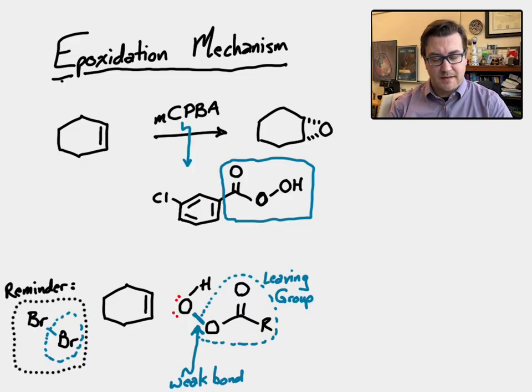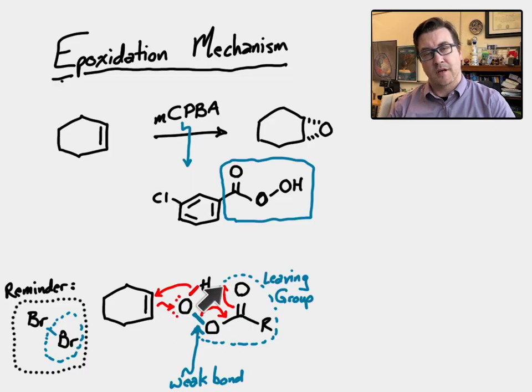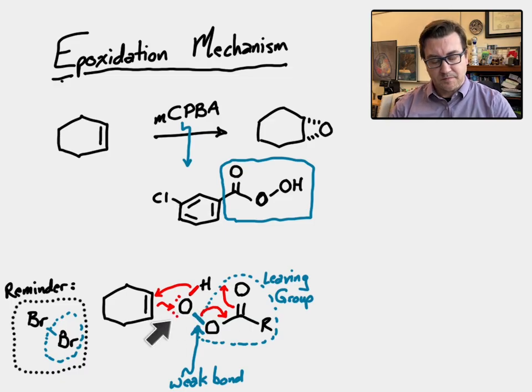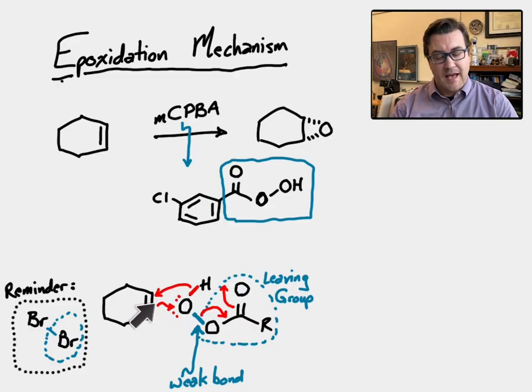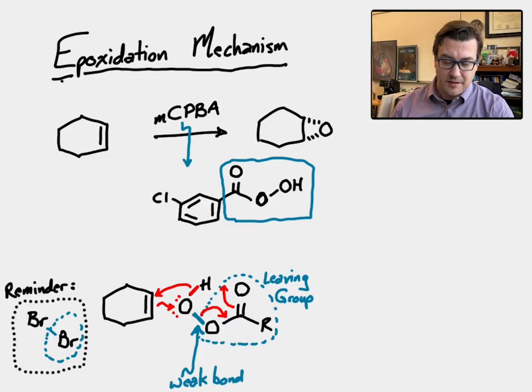There's a similar type of mechanism where the alkene reacts with one of these atoms, and in this case the electrons kind of go all over the molecule, and eventually the molecule ends up adding back electron density to make the extra bond between the carbon and the oxygen.